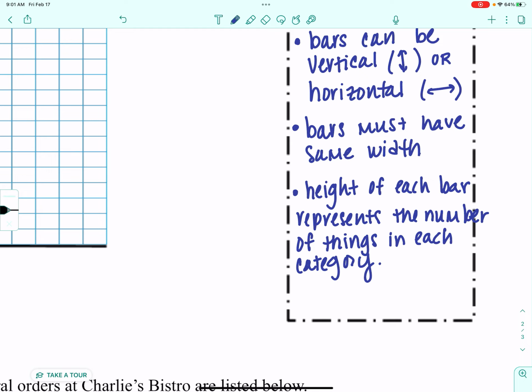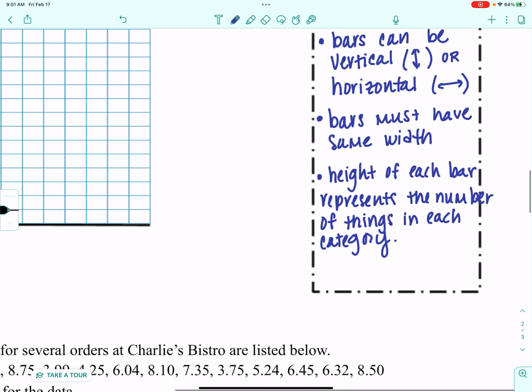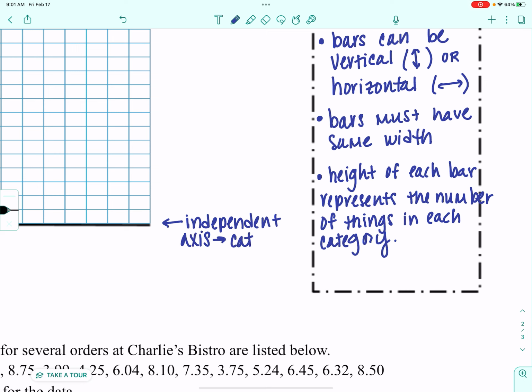Now, since I use the term category, that does mean that our bar graphs for the independent axis will have a category. It could be a list of favorite foods. It could be favorite colors. In our case, it could be days of the week. We're not going to be looking at numbers along our independent axis.